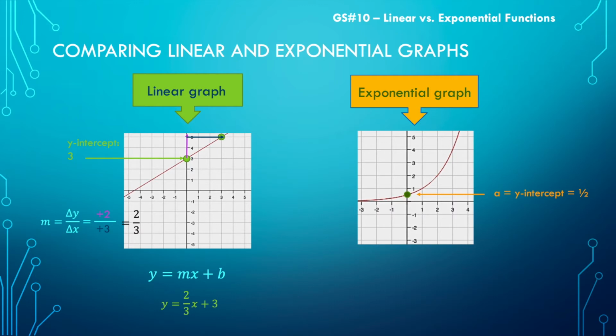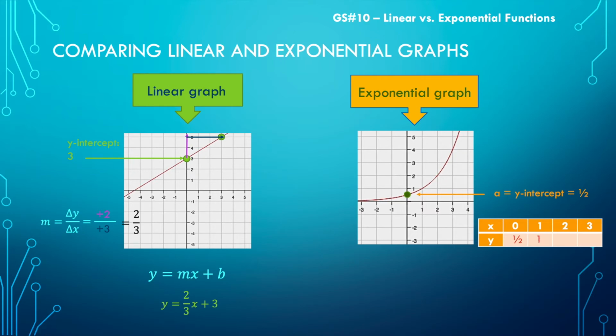All right, and then to find the multiplier, what we really need to do is consider what are the y values for consecutive x values. Okay, so now let's think about what is the y value when x is equal to 0. Well, we just picked that out. That is the y-intercept, so that's 1/2. Now, how about the y value when x is equal to 1? Well, x equals 1 here, y is equal to 1 as well.